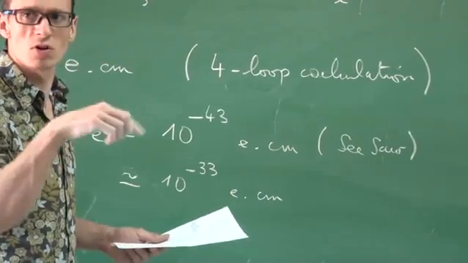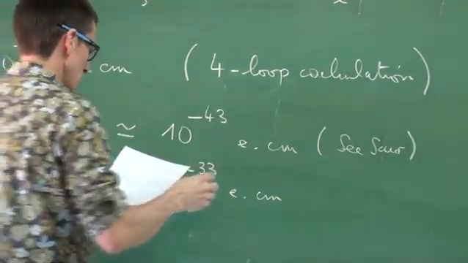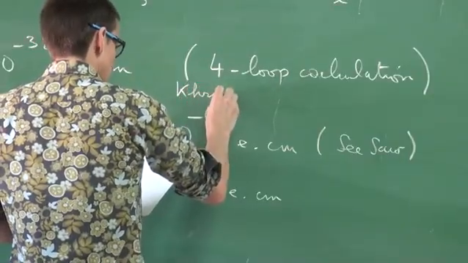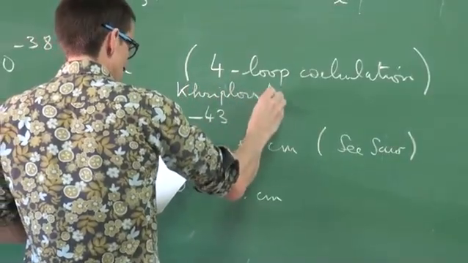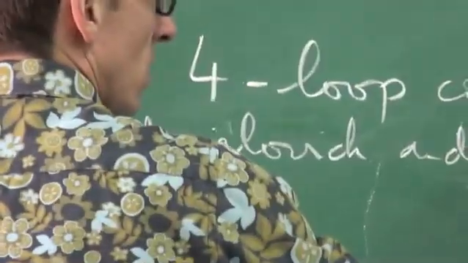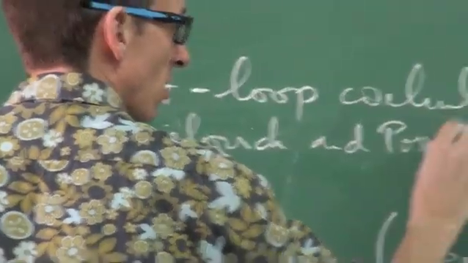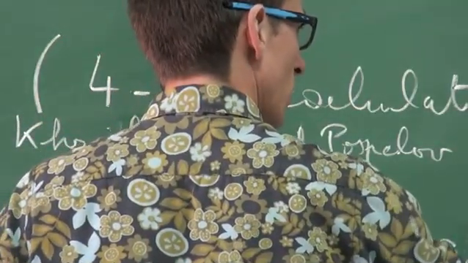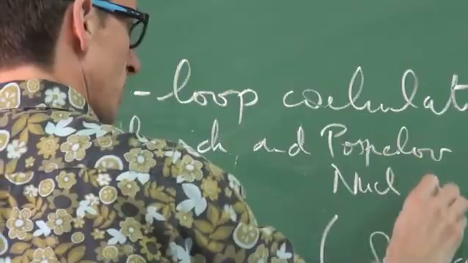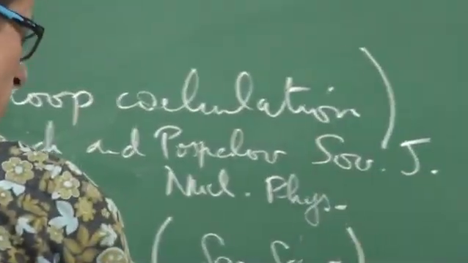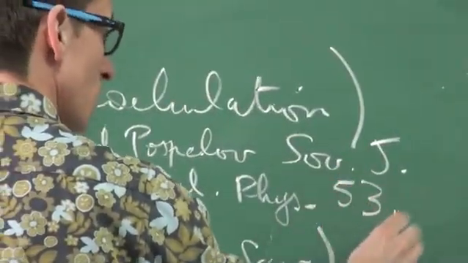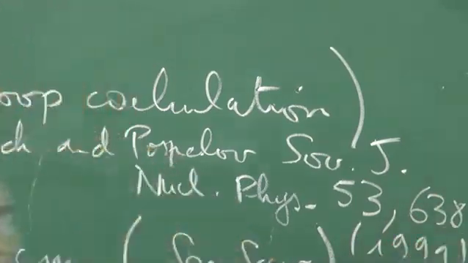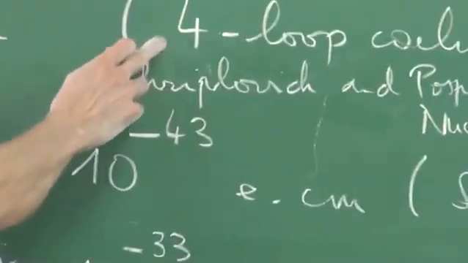It was evaluated one year before, only by Pospelov and Khriplovich, in the Soviet Journal of Nuclear Physics, 53, 638, 1991. Okay, see, this is the four-loop calculation.